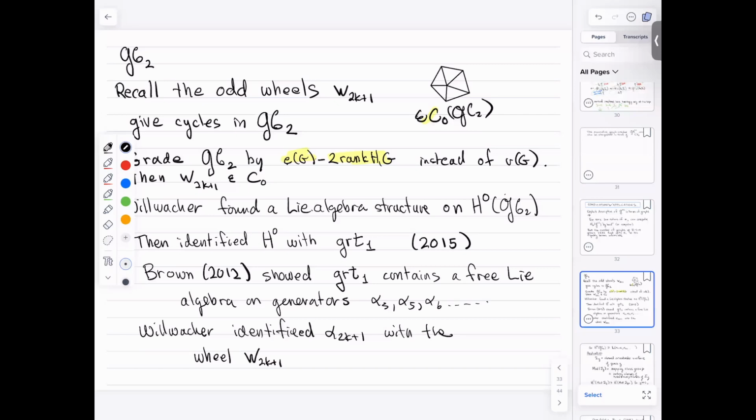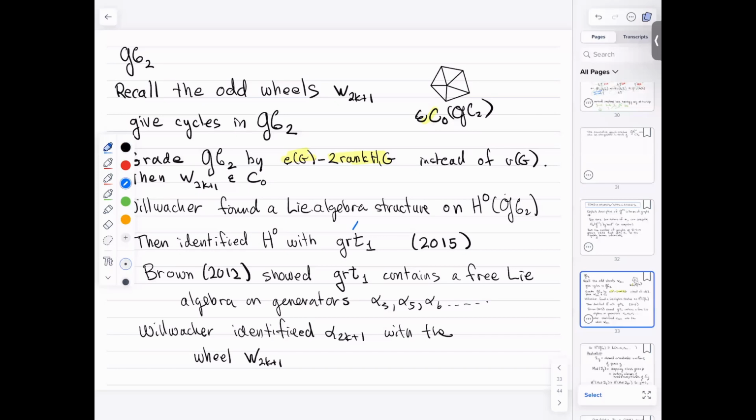And so it's got a homology with this grading. And Willwacher found a Lie algebra structure on H0 of the graph complex with this grading. And then he identified this homology group, H0, with something called GRT1. This is in 2015.